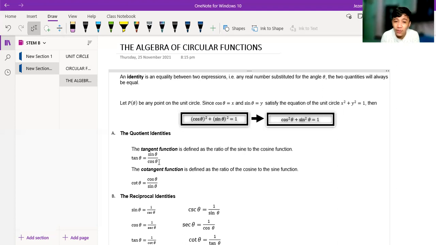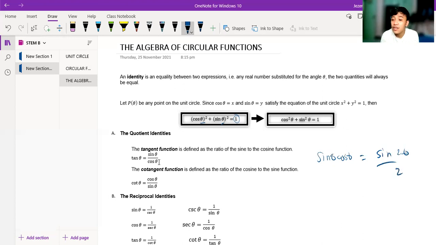So, for example, sine theta cosine theta is equal to sine 2 theta over 2. Pag naglagay ka ng theta is equal to 45 degrees, dapat kung anong sagot dito, yun din ang sagot sa kabilang side. Yun ang ibig sabihin ng identity.